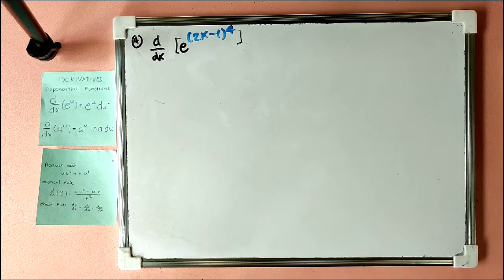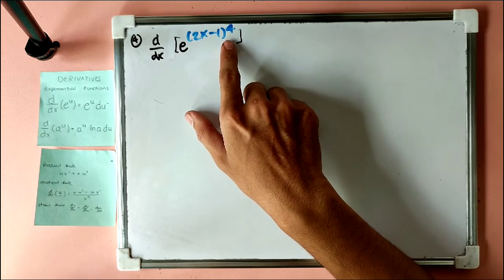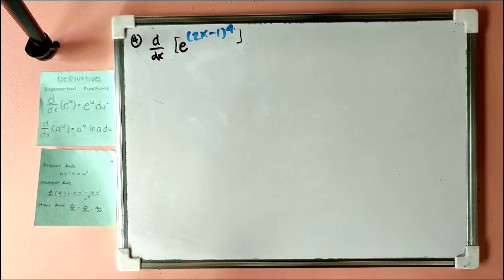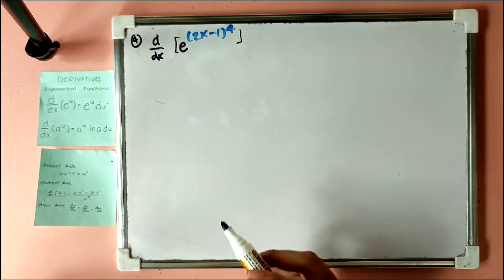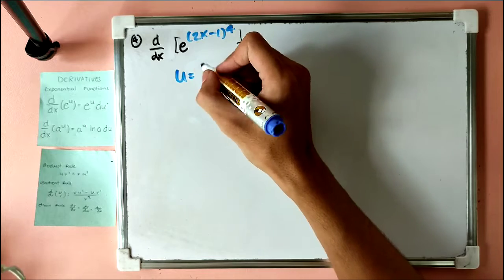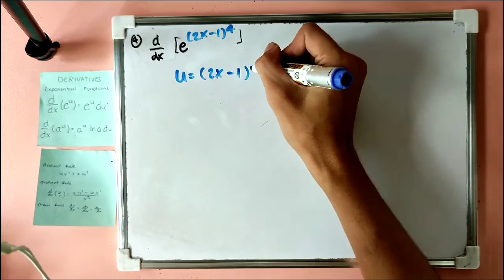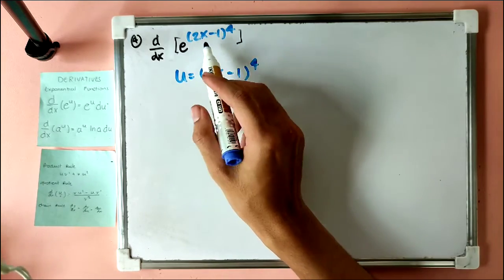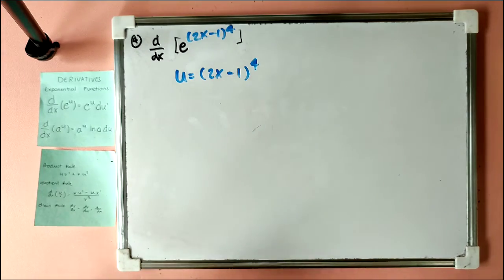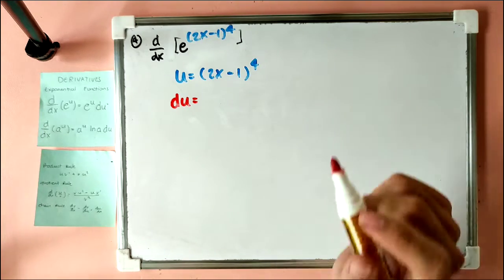So, for problem number 4, getting the derivative of e raised to 2x minus 1 raised to 4. First, we are getting the value of u, which is our function, that is 2x minus 1 raised to 4. So, basically, ito yung ating u. Then, kunin natin yung derivative ng u natin. Derivative of u by applying chain rule.